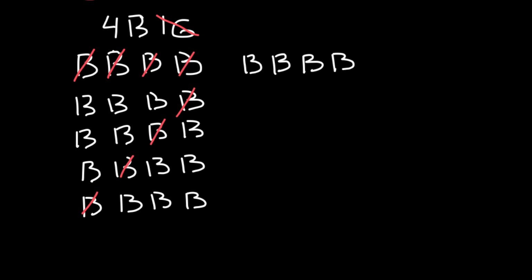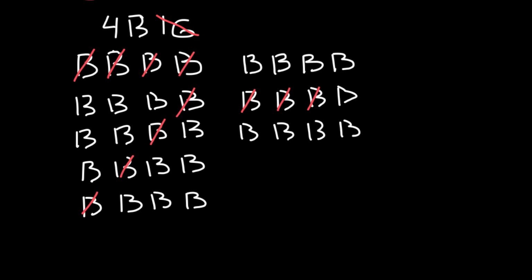And another variant would be when among 4 boys, 3 would be affected. For example, first, second and third. And we would have the same number of variants as with one affected child, but now we would get a reverse picture of what we have here. So first, second and last one would be affected.